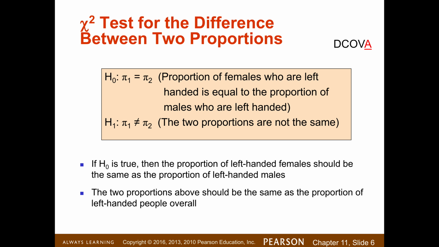So we make minor but important modifications to the hypotheses. The null hypothesis would be that the proportion of females who are left-handed is equal to the proportion of males who are left-handed, and the alternative is the two proportions are not the same.